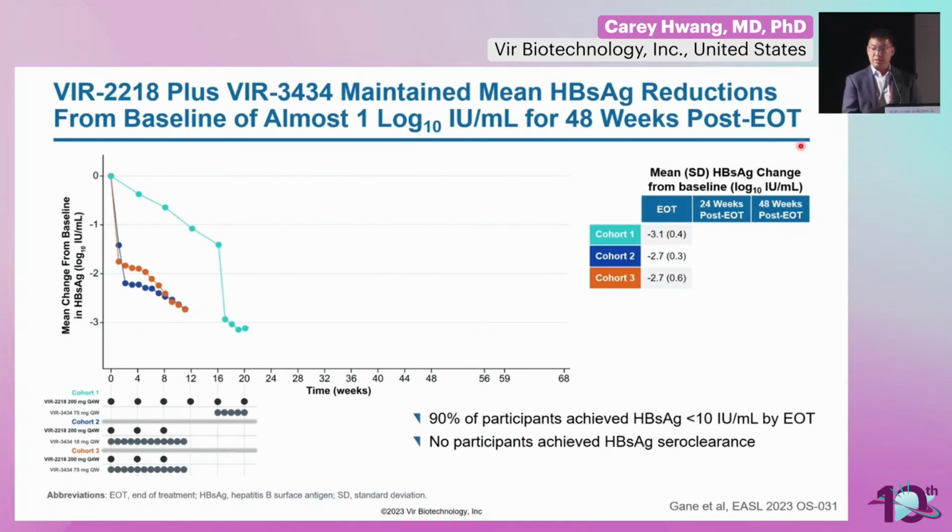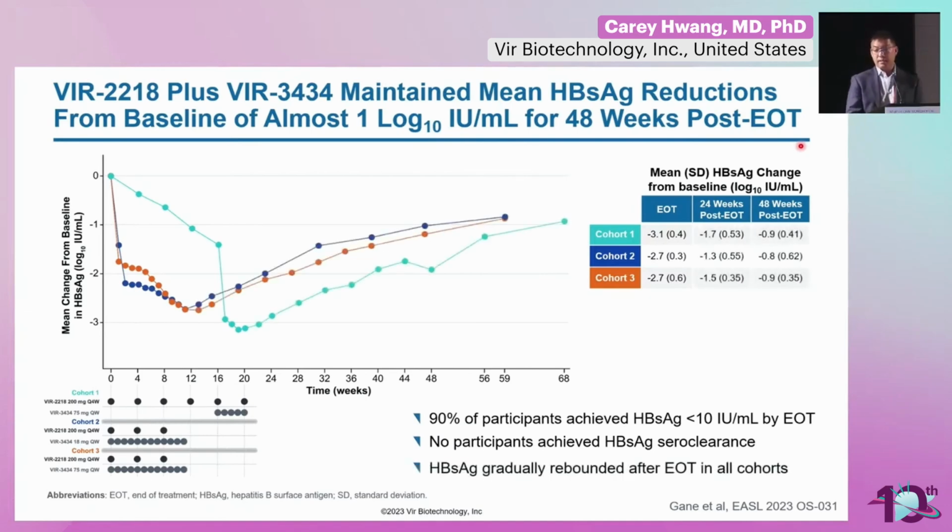In these 3 cohorts, we saw about 2.7 to 3.1 log decline in surface antigen levels. However, we did see a slow rebound over time, but even out to week 48, these cohorts still had at least a 1 log decline from baseline 1 year out.